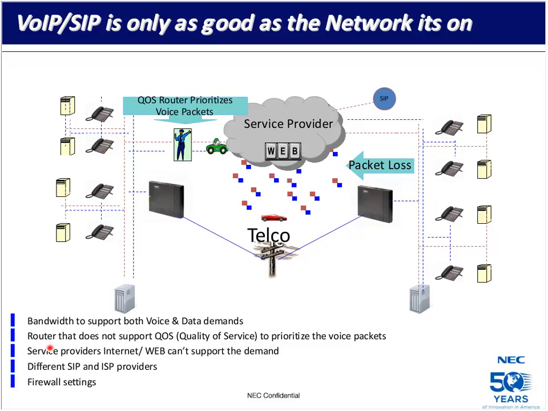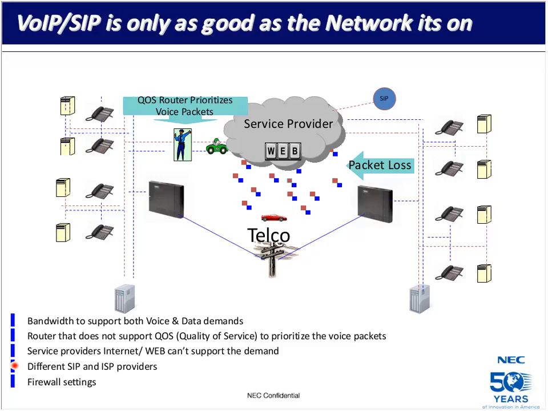Okay. Service providers, internet and web can't support the demand. And this goes back to bandwidth. Firewall settings on the network can hamper voice over IP performance. Okay. And we also have down here different SIP providers and different ISP providers.